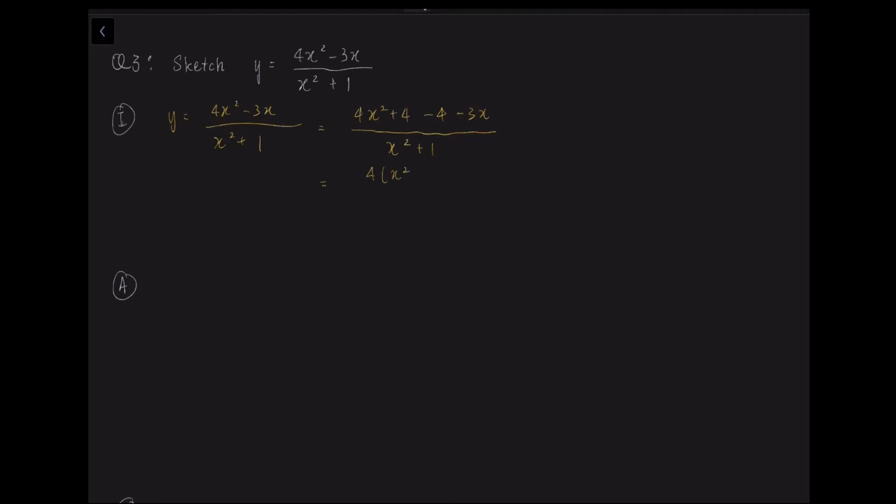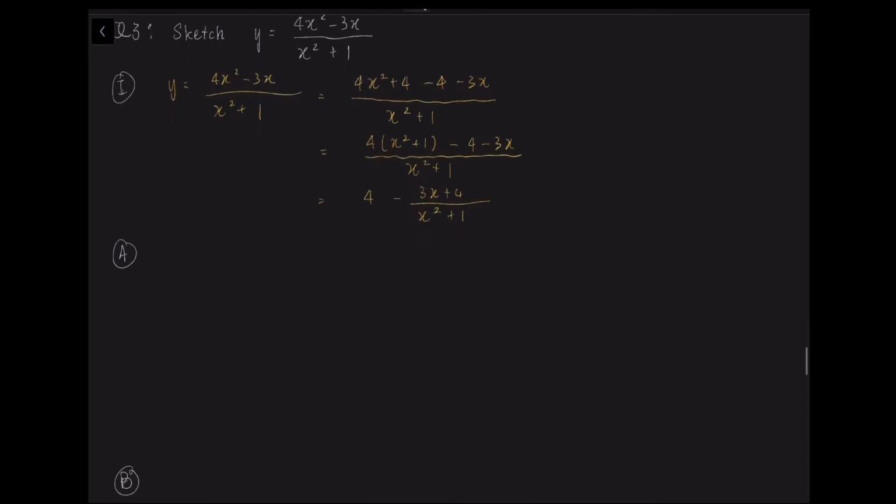And since we add a 4, we have to minus back the 4, and we write the minus 3x, and we get this equation. After that, we can factorize the 4 out so that we can cancel off the x squared plus 1. Once we cancel out, we have a clean equation with the numerator being 1 power lower than the denominator. Next, we are going to find the asymptotes.